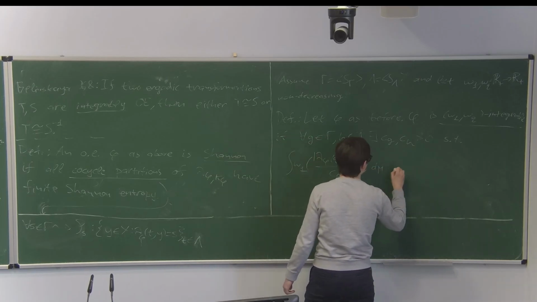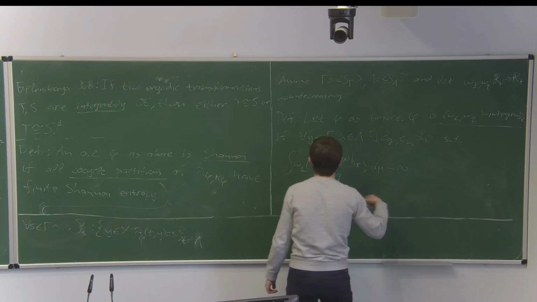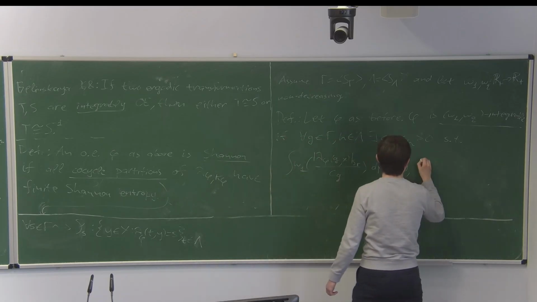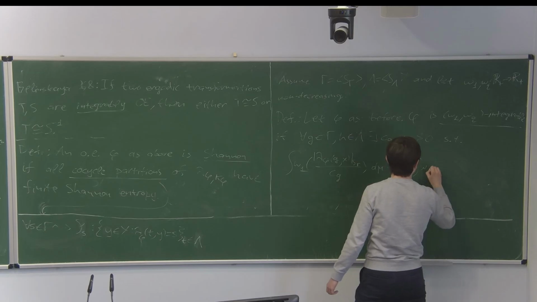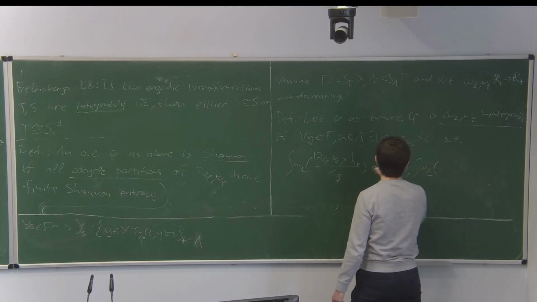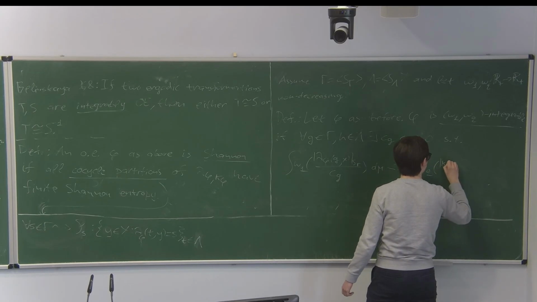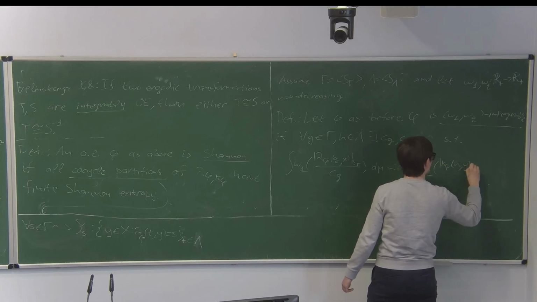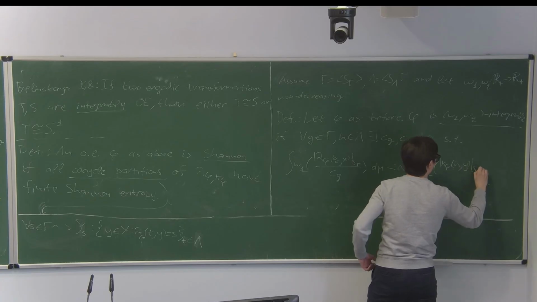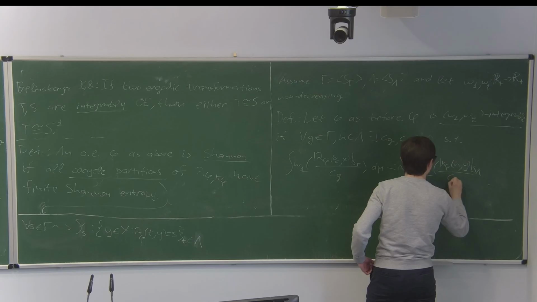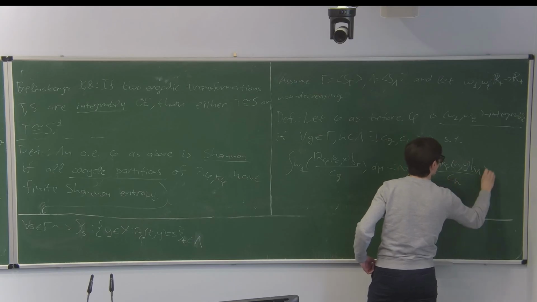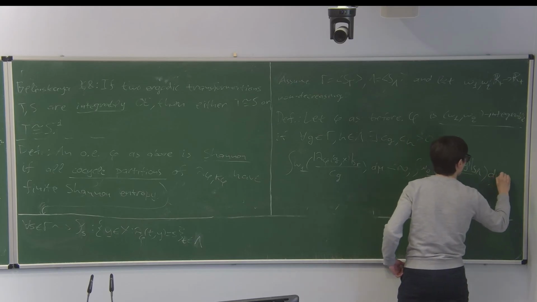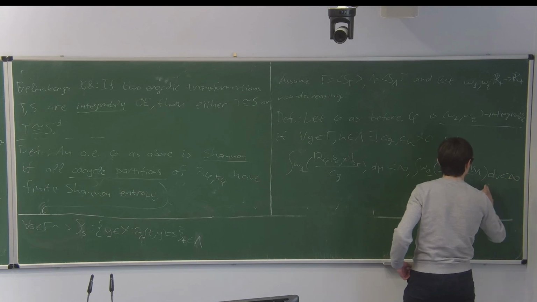If I integrate this, this is finite, and similarly, if I look at the integral over omega 2 and now I use the other cocycle, kappa phi h y with respect to this, and I use the constant d nu, this is also finite.